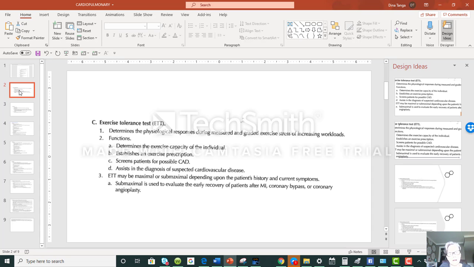It screens patients for possible coronary artery disease, and it assists in the diagnosis of suspected cardiovascular disease. The exercise tolerance test may be maximal or submaximal, depending on the patient's history and current symptoms. Submaximal is used to evaluate the early recovery of patients after a myocardial infarction, heart attack, coronary bypass, or coronary angioplasty.